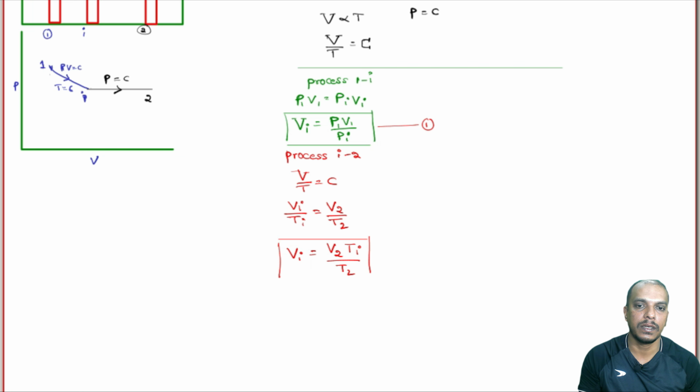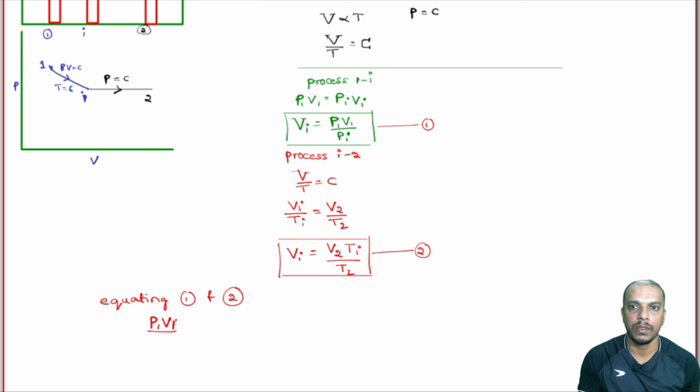Now we have got two expressions where LHS is same. So equating 1 and 2, we can say P1 V1 by Pi is equal to V2 Ti by T2.